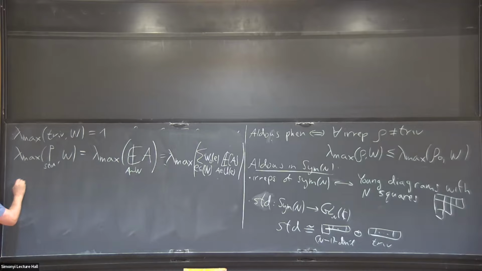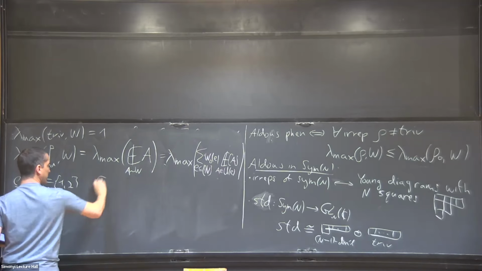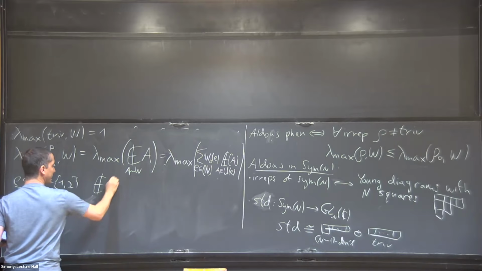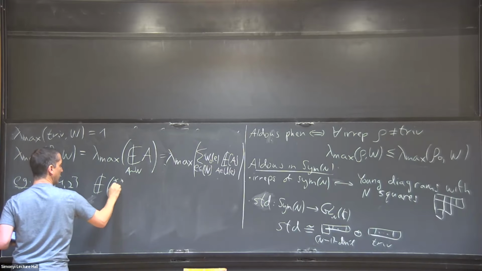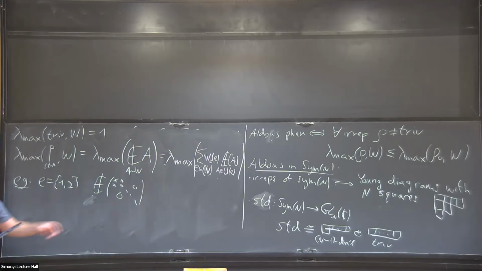So for example, if E is 1, 2, we want to understand what is the expected value of A. Basically, the expected value of this matrix, where these 4 elements are random in U2.